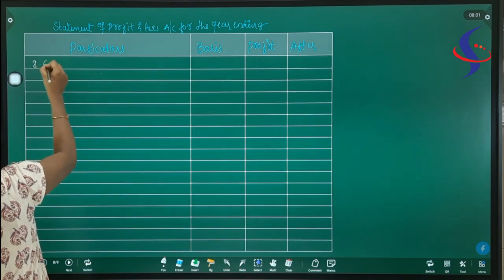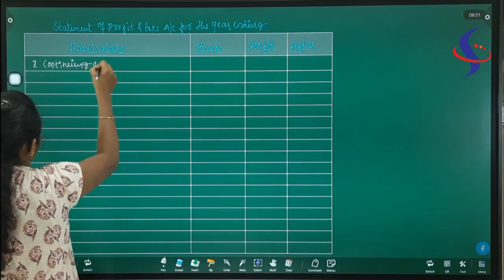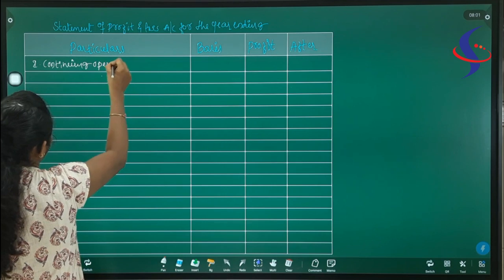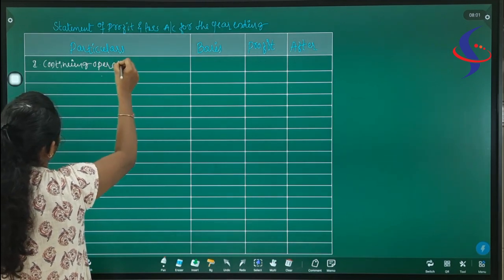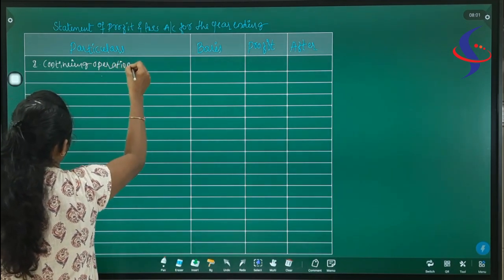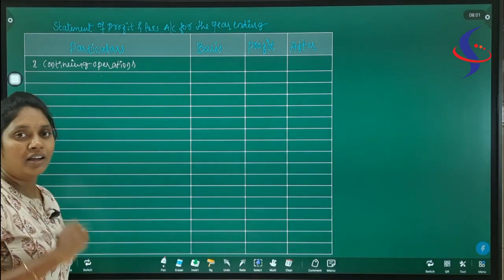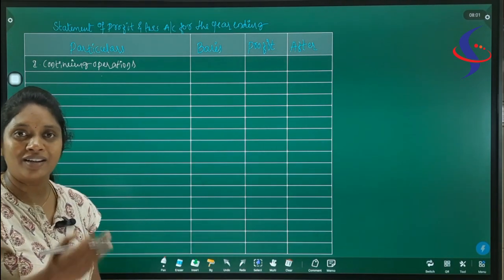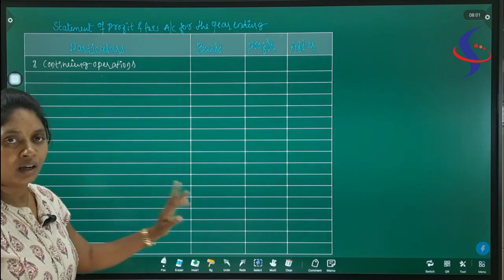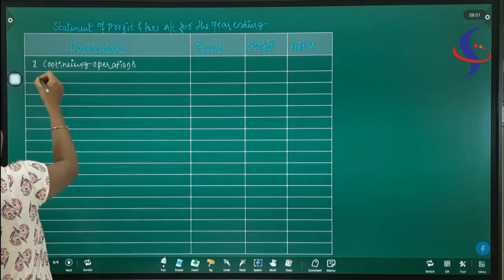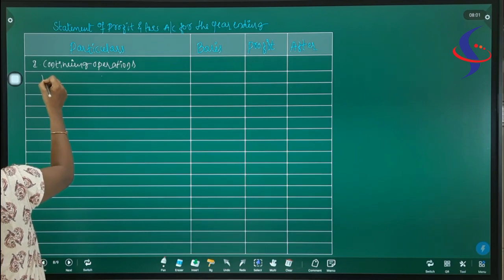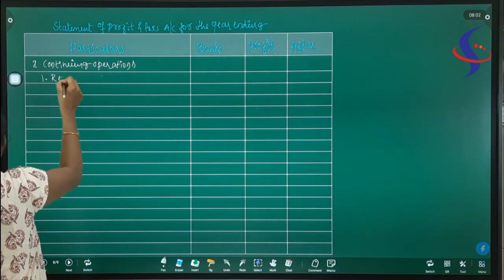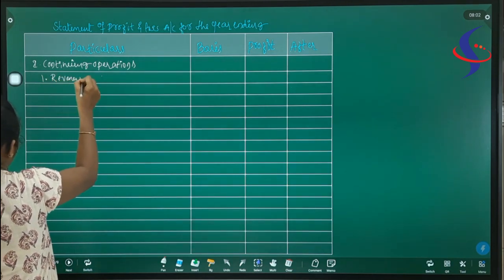Roman 1, continuing operations. Why continuing operations? Normally in business there are two types of operation, continuing operations and discontinued operations. In this chapter you don't get discontinued operation details, so we'll think only about continuing operations. After continuing operations, the first point you need to think about is revenue from operations.